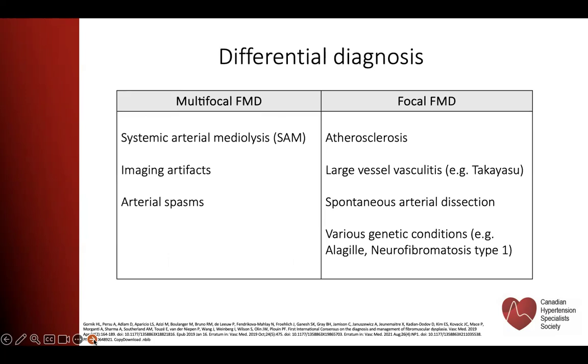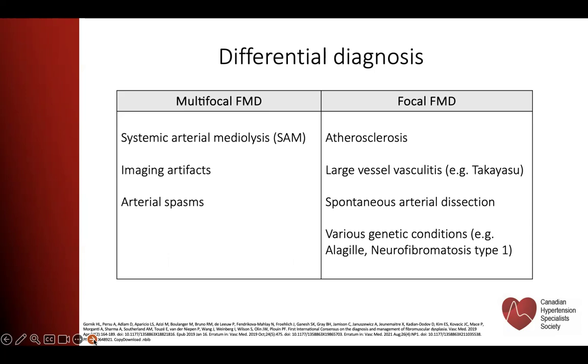There is, of course, a differential diagnosis when we think about FMD, and this is not an exhaustive list. The first international consensus statement does have a much more exhaustive list. When we look at multifocal FMD, there's an entity called systemic arterial mediolysis, or SAM, which is a non-inflammatory, non-atherosclerotic disease like FMD.